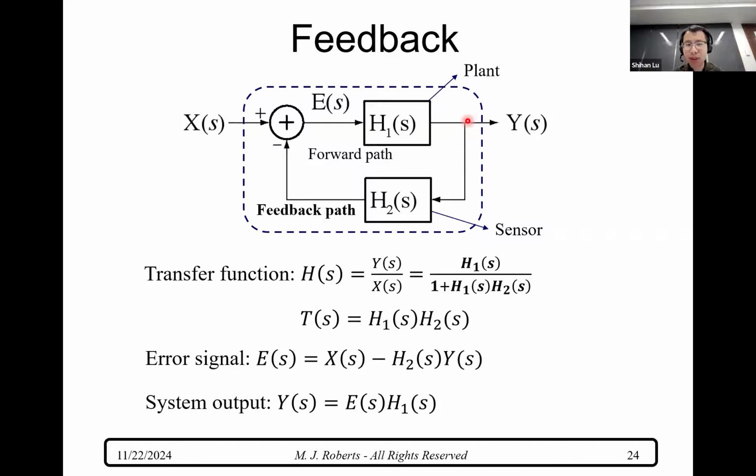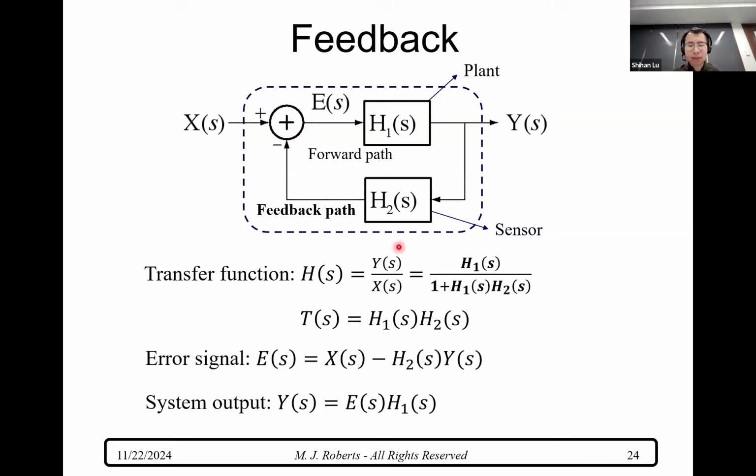And the second, in the feedback path, we introduced a new transfer function H2 of s, and it is actually taking the current system output, doing some mapping, converting it into some form and feeding it back into the current system input.